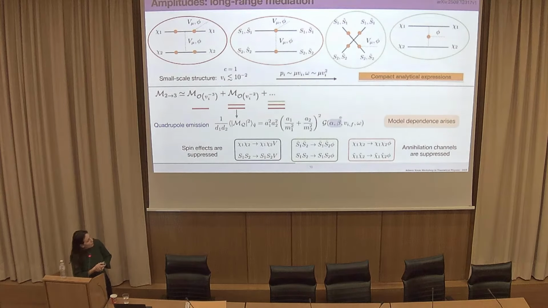And the same for fermionic, like Majorana or Dirac, dark matter candidates with scalar emission, because the annihilation channels are also suppressed in the non-relativistic regime we are in.